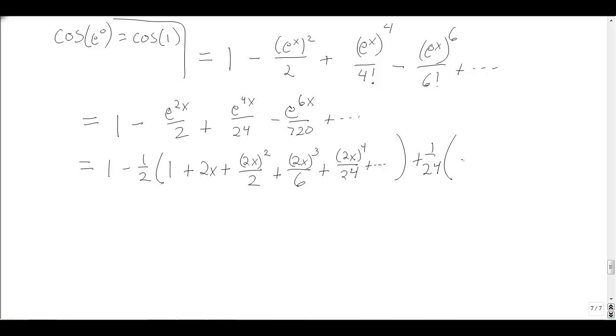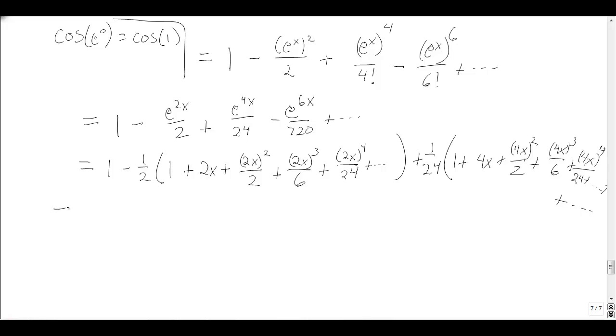And then the e to the 4x is going to be 1 plus 4x plus 4x squared over 2 plus 4x cubed over 6 plus 4x to the 4th over 24 plus some stuff here. And then we get plus some more of these terms.